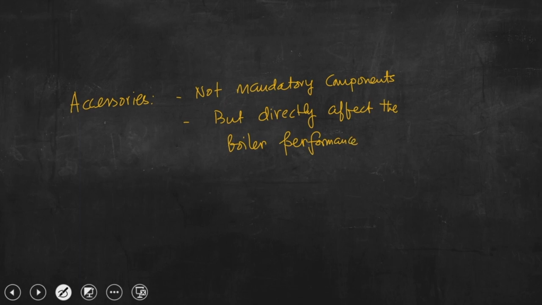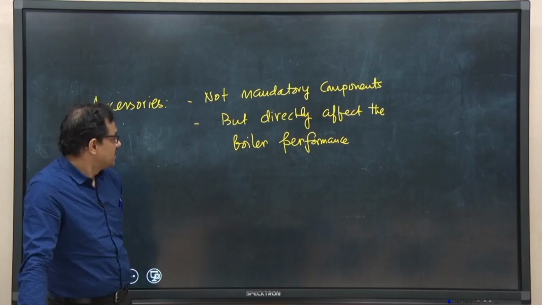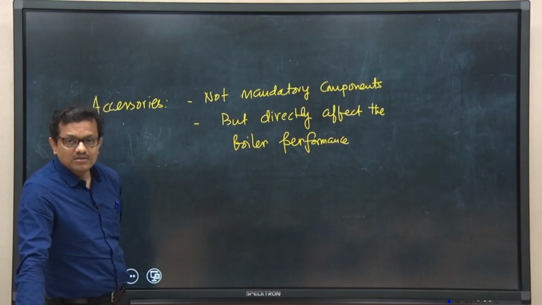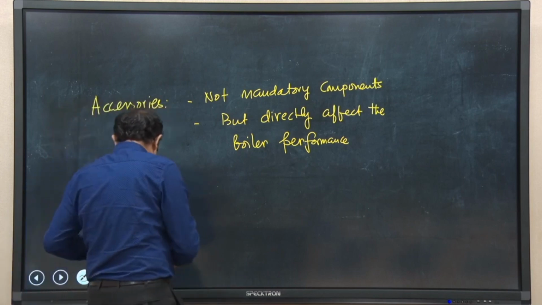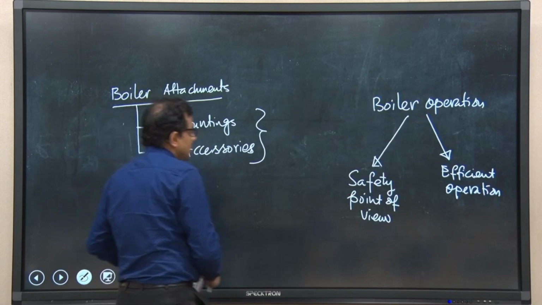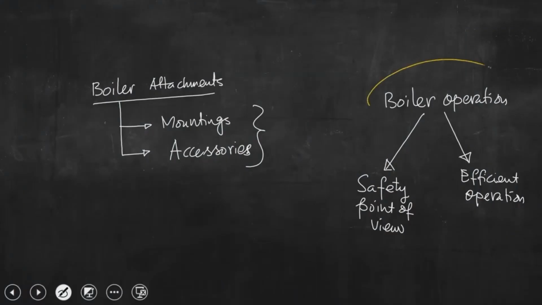These are not mandatory, because a boiler can be certified even without accessories, but these components are needed because they directly affect the boiler performance. If we go back to the previous slide, here we have discussed this particular issue.